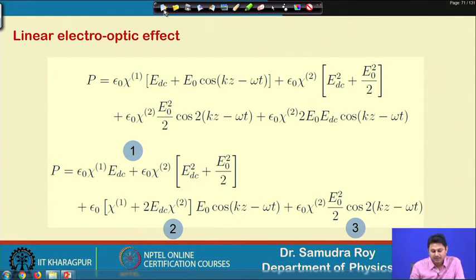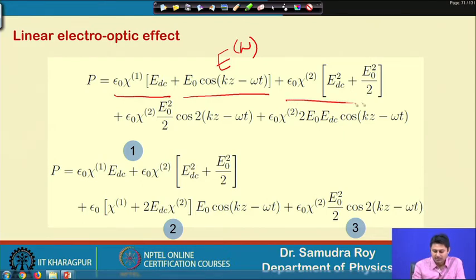What about the second term? For the second term, we will collect all the terms having E 0 cos(kz - omega t), that means having the value E omega. So, E DC, this term I take common, this term I take out, this term I take out.